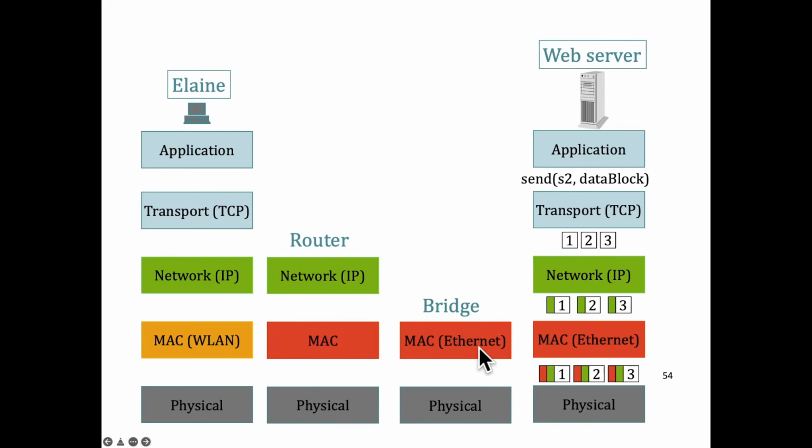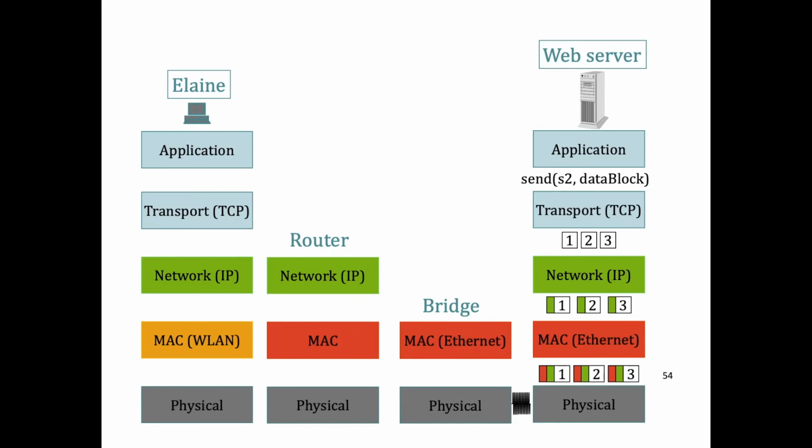Here it is the bridge, or we can say the router. Both are correct. So we put the destination MAC address, which in this case is the router or the bridge, because this packet is destined to outside this LAN, so this packet must go through a router. We use the MAC layer to reach this router.